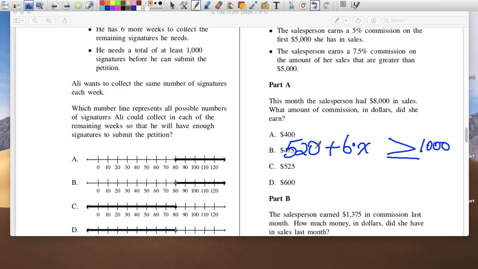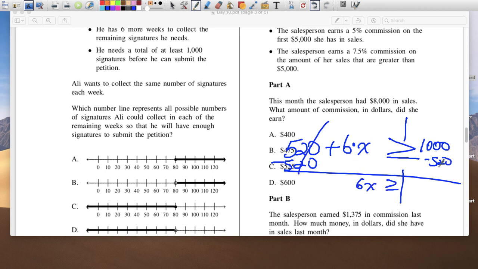So let's solve this. Minus 520, minus 520. Here's my line in the middle. This crosses out, 6x comes down, is greater or equal to 1,000 minus 520 is 480.